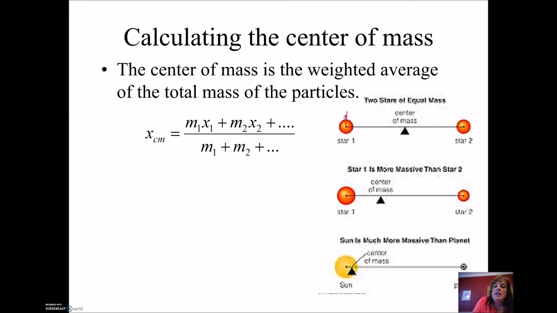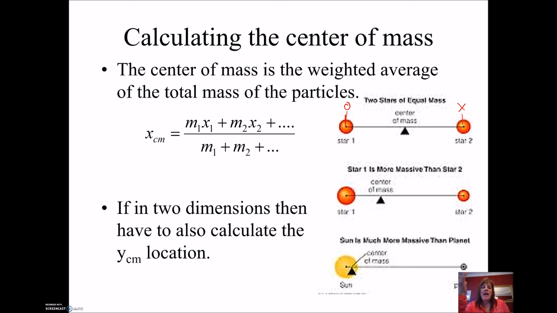You could make this your 0 point, and call this x, so it would be the mass of star 1 times 0 plus the mass of star 2 times x, all over m1 plus m2. That way, it's less math. But as long as you're measuring both masses from a consistent location, you'll get your center of mass.